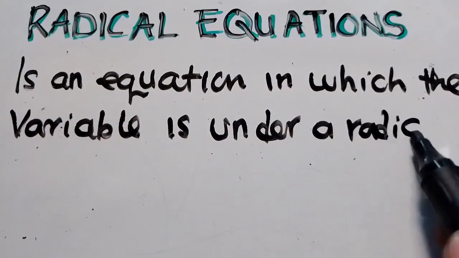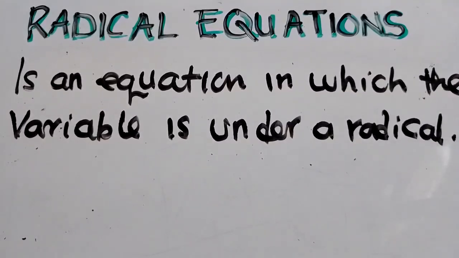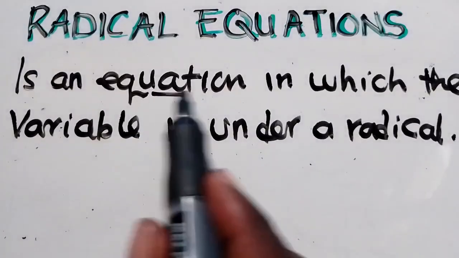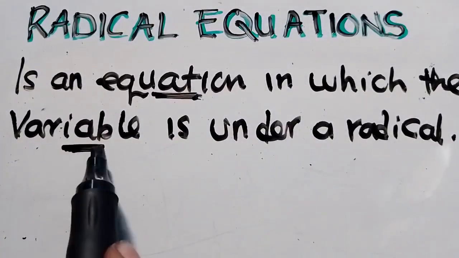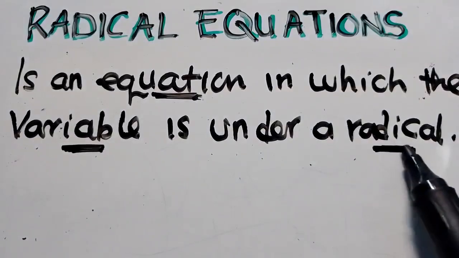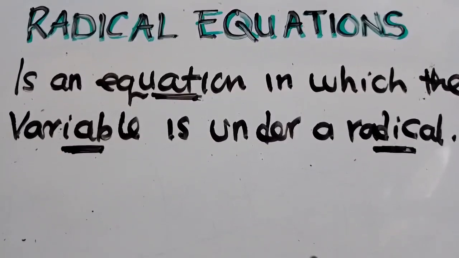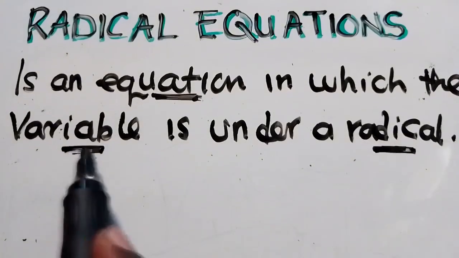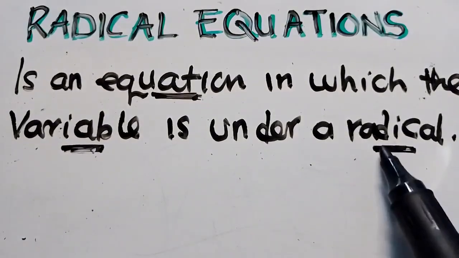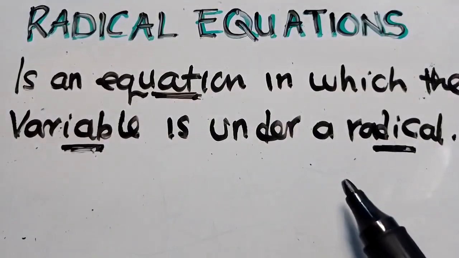This is what we mean. So each time you are talking about a radical equation, we are talking about an equation in which the variable is under a radical. I want you to understand this clearly.